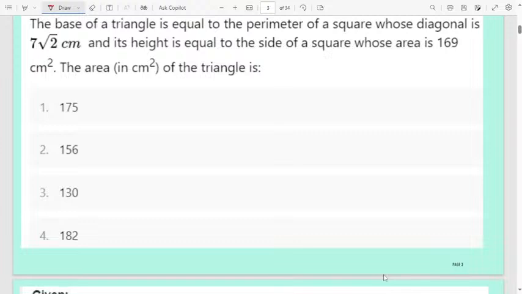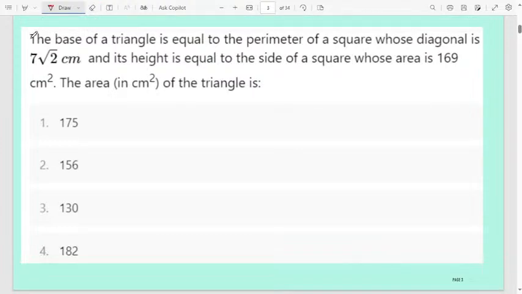Question number two. Very important question. The base of a triangle is equal to the perimeter of a square whose diagonal is 7 root 2 centimeter. I will write the triangle here. Consider A, B, C. This is the base, and this is the height of the triangle.